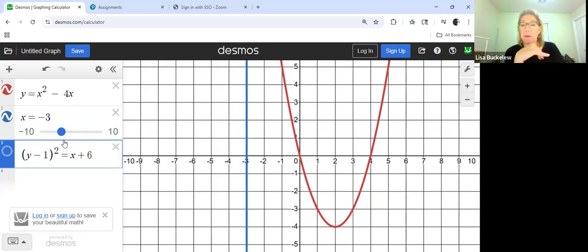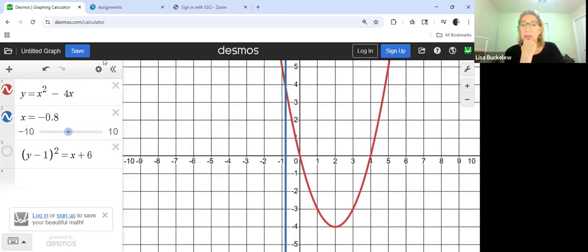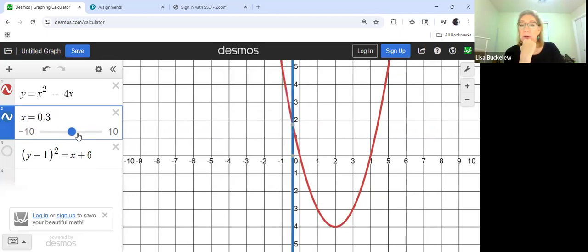So I haven't really hit the graph yet, at least where I can see it. But if I keep sliding it, one nice thing about Desmos is when you have 2 graphs that are touching or intersecting, if you click on it, it'll light up a little point there and you can estimate what it is. But clearly we're hitting the graph now, but as I move the blue line across the red graph, it only ever touches the graph at 1 point at a time.